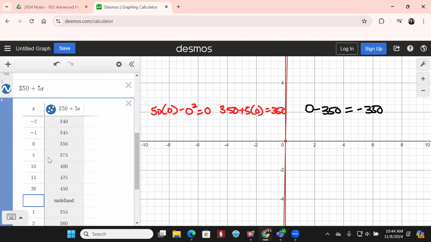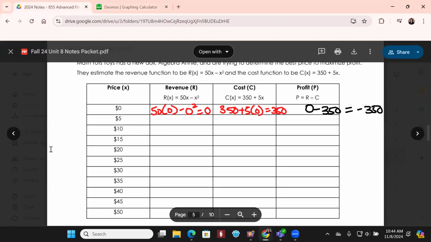That will get you the first two columns. The third column is you just subtract those two. Can you fill in the rest of this table?